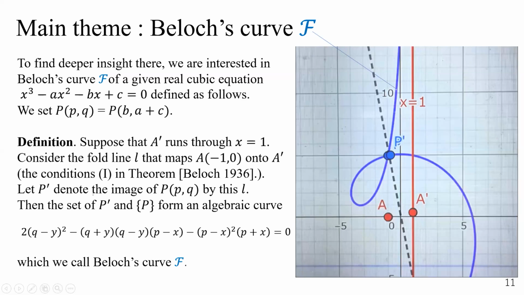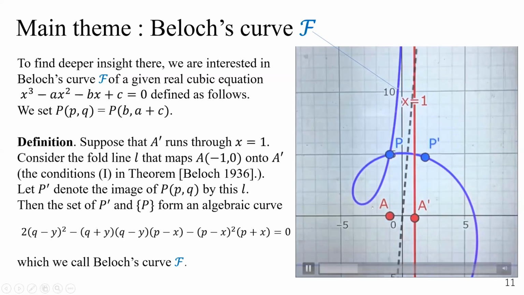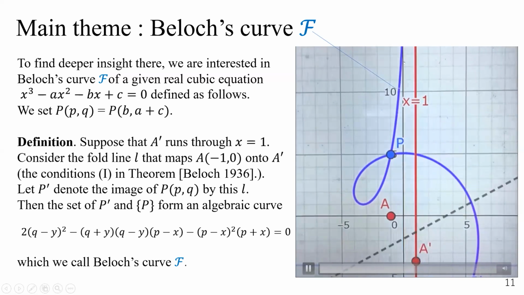Let P' denote the image of point P by this L. Then the set of P' forms an algebraic curve, which we call Beloch's curve F. This curve is Beloch's curve F.